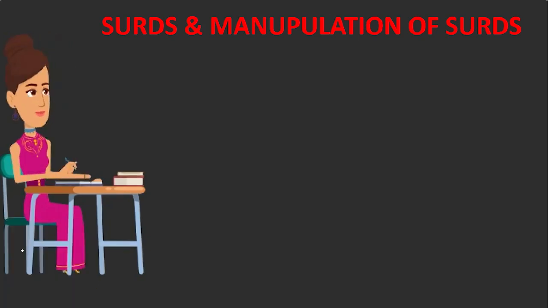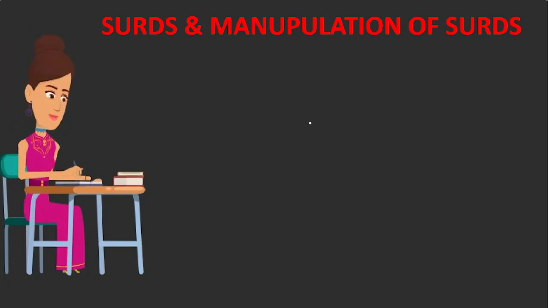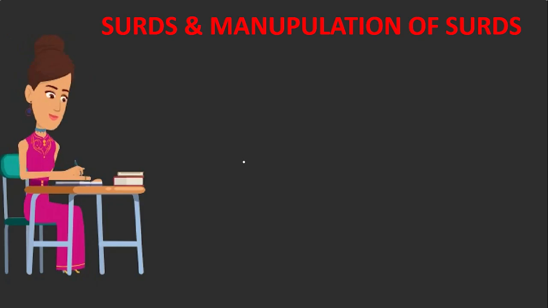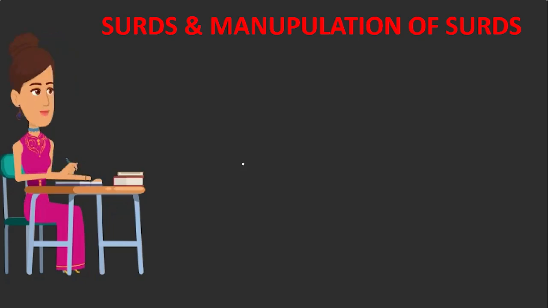The first thing that we need to look at is the definition of surds. We need to know what surds are. Surds are just like other numbers, but when you talk of surds, they are numbers left in root form. Let me quickly write that.